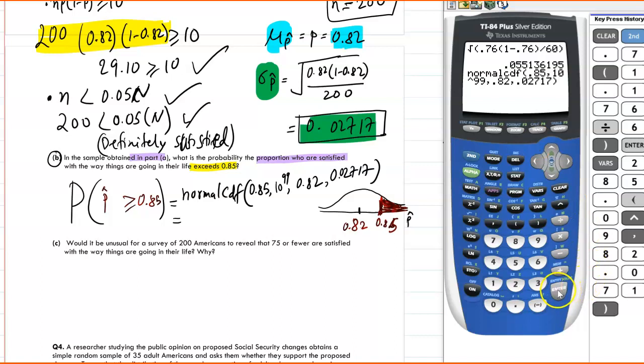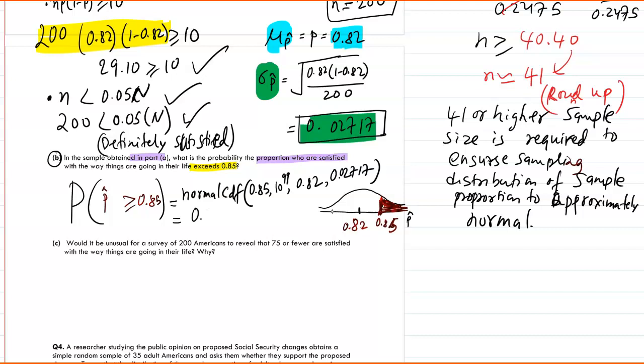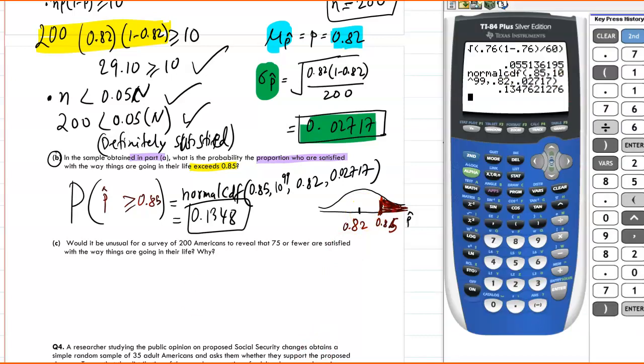Okay, you put that in and it's going to be 0.13476. Okay, 0.1348, I should say to 4 decimals, because of the 6, this 7, 8, rounded to 4 decimals. That's the probability. Okay, all right.